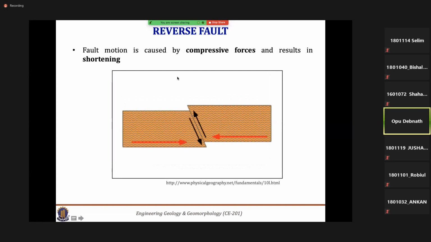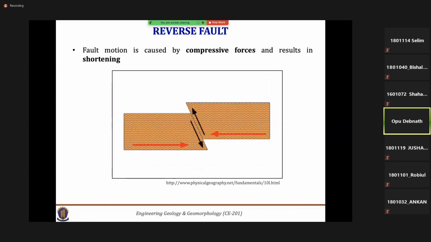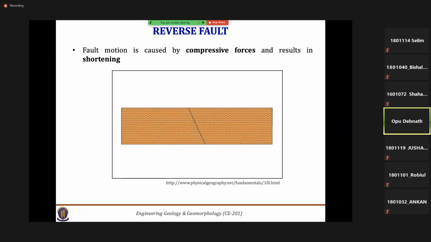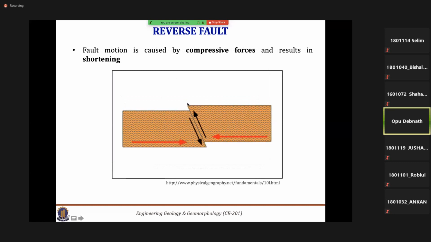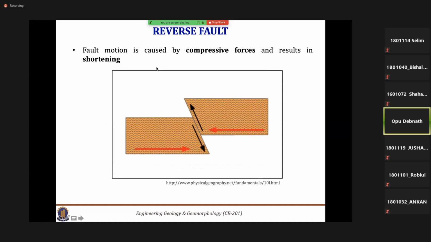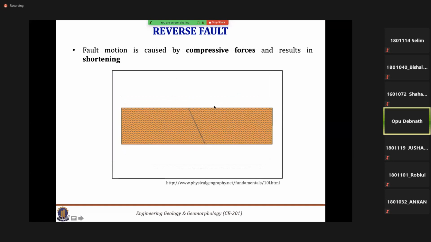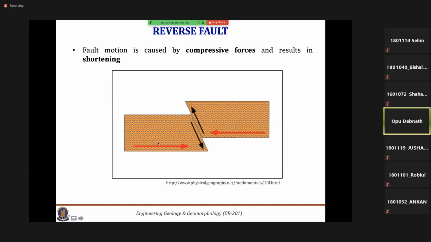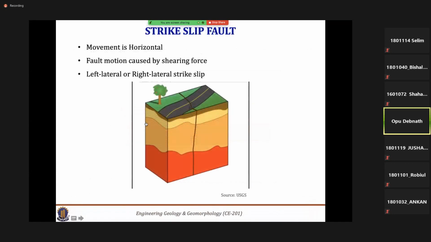The reverse fault is opposite to the normal fault. That means the hanging wall is moving upward relative to the footwall. In these cases, this zone will face a compressive force. So this one is known as the reverse fault.